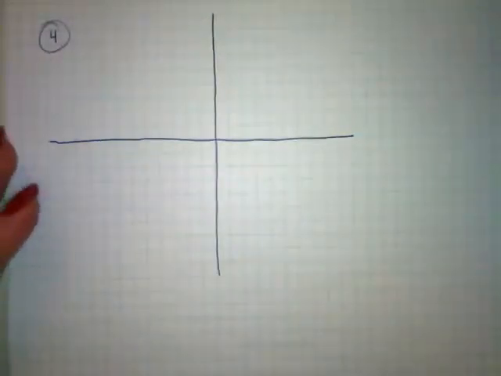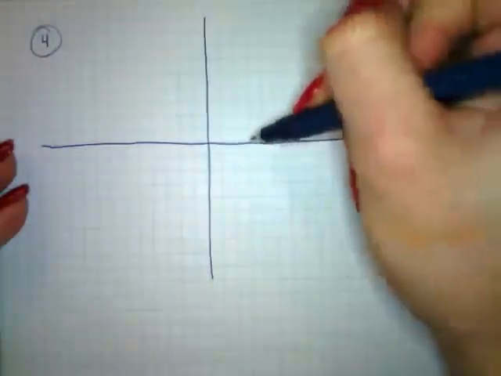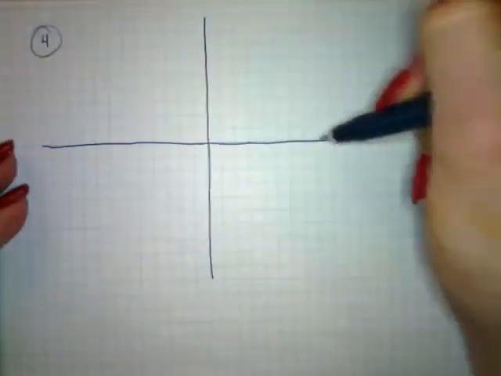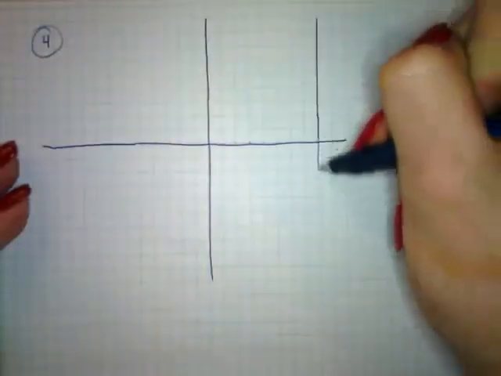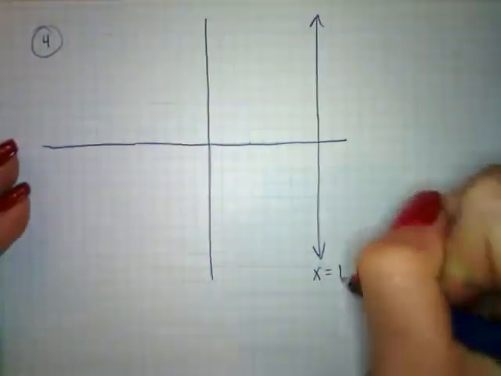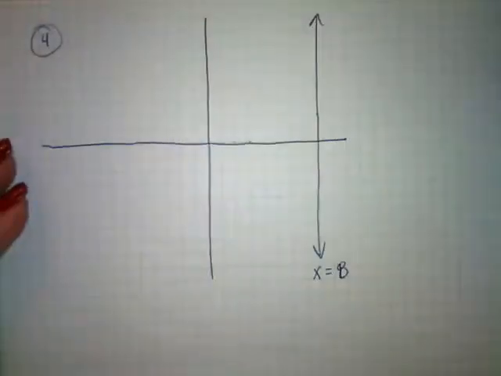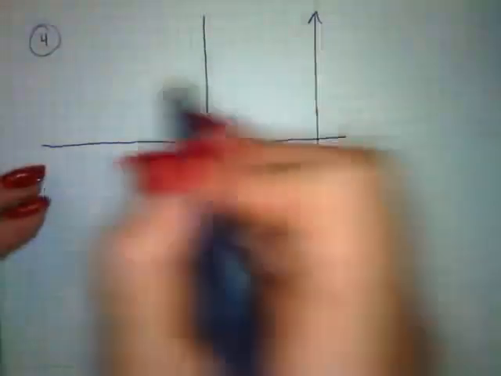Let's start with x equals 8. X equals 8 is going to look like this line. 1, 2, 3, 4, 5, 6, 7, 8. Okay, next one we're going to graph is y equals 3.